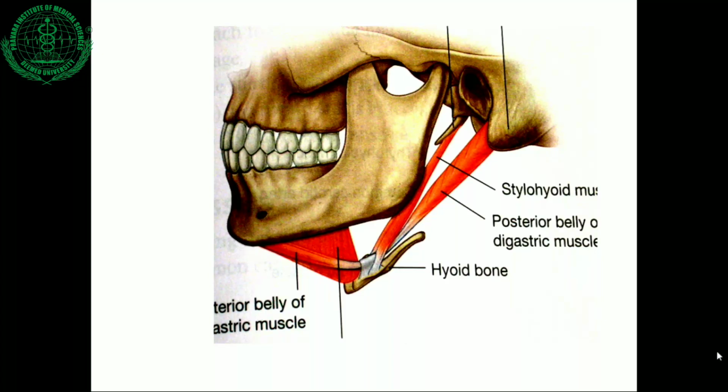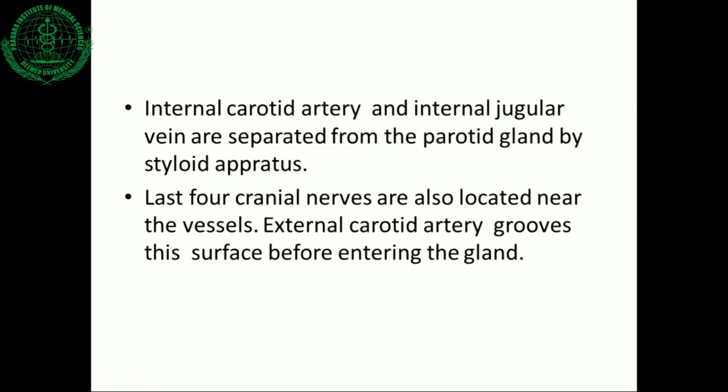So here in this PPT, you can see this is the mastoid process. Then here this is the posterior belly of the digastric. This is the styloid process. Then the internal carotid artery and the internal jugular vein are separated from this gland by the styloid apparatus.